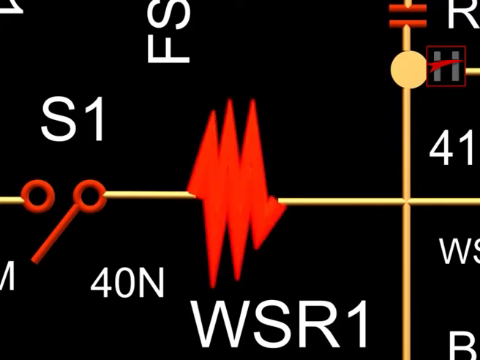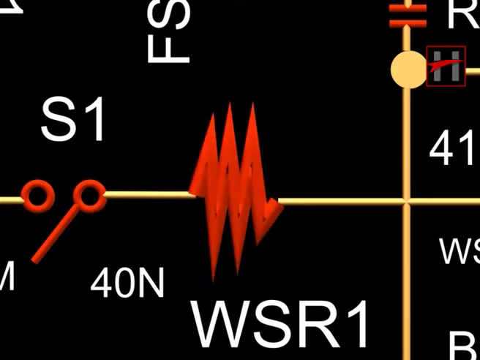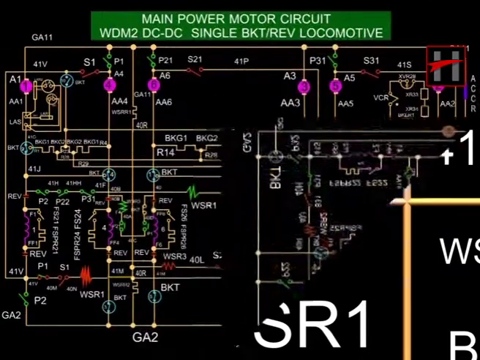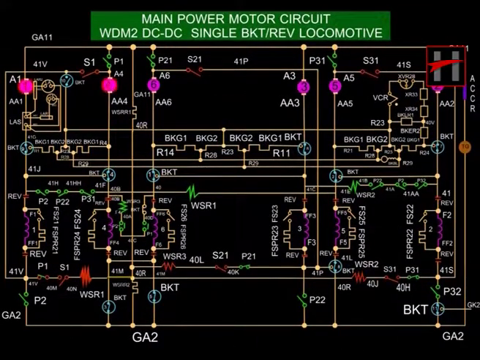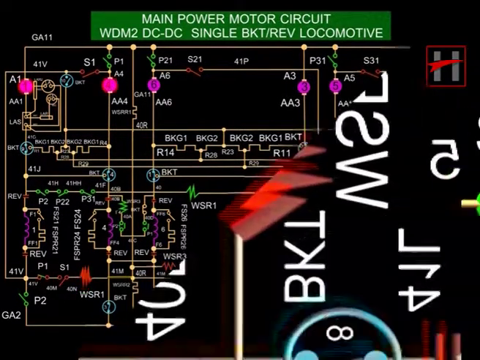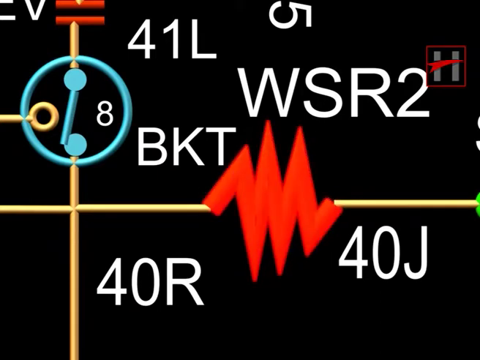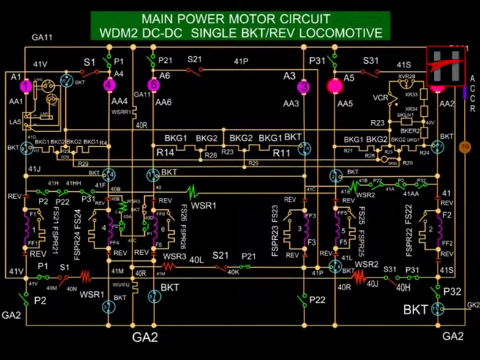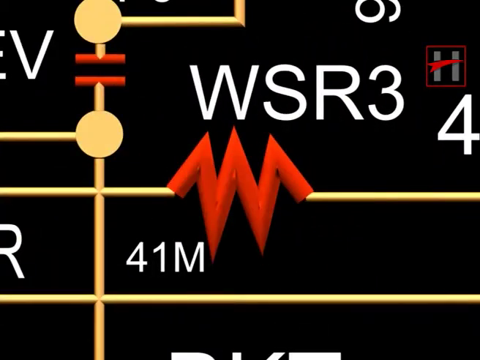Wheel slip protection is provided by Wheel Slip Relay 1 or WSR1 in case of 1-4 combination, WSR2 in case of 2-5 combination, and WSR3 in case of 3-6 combination.